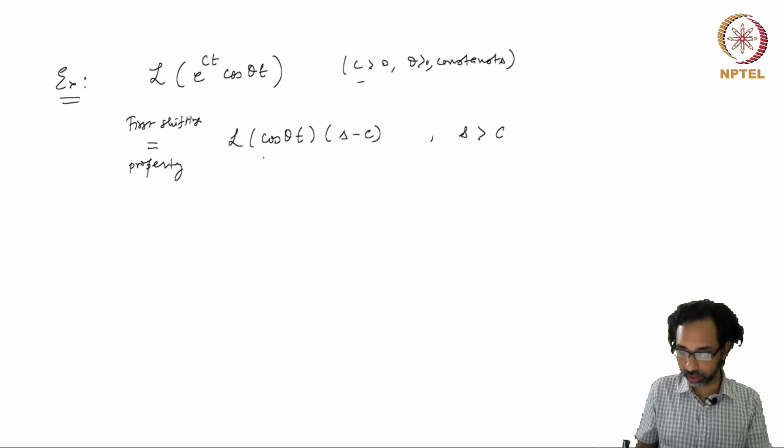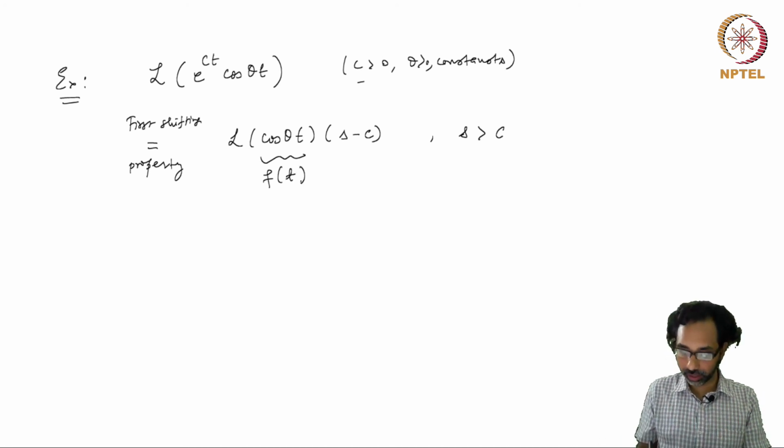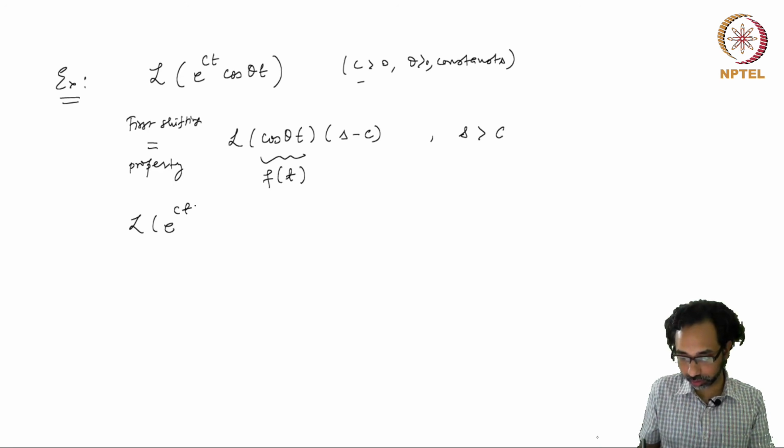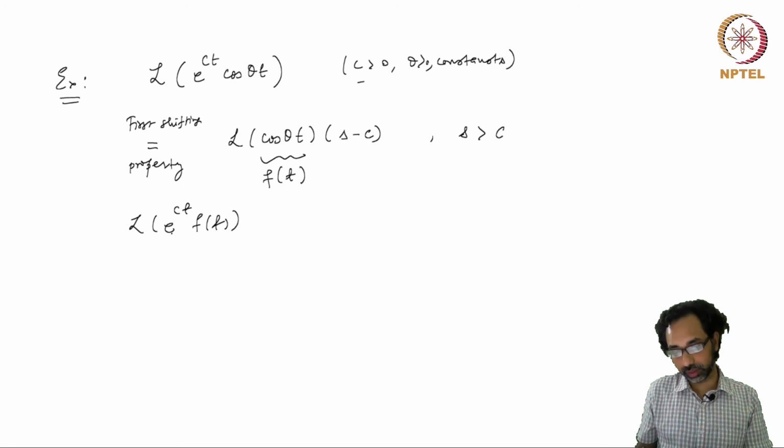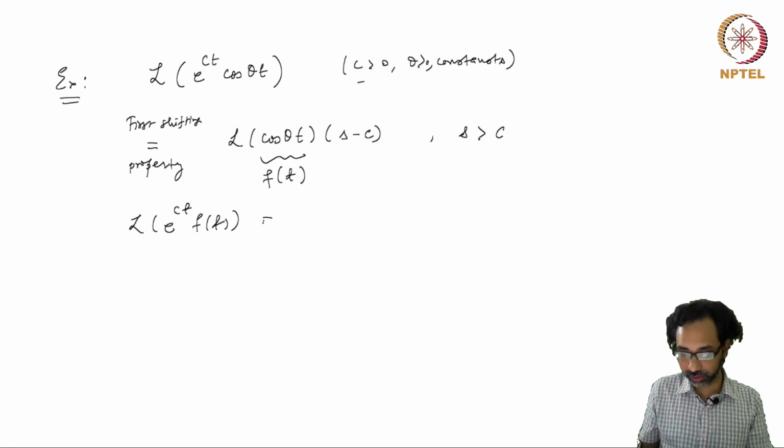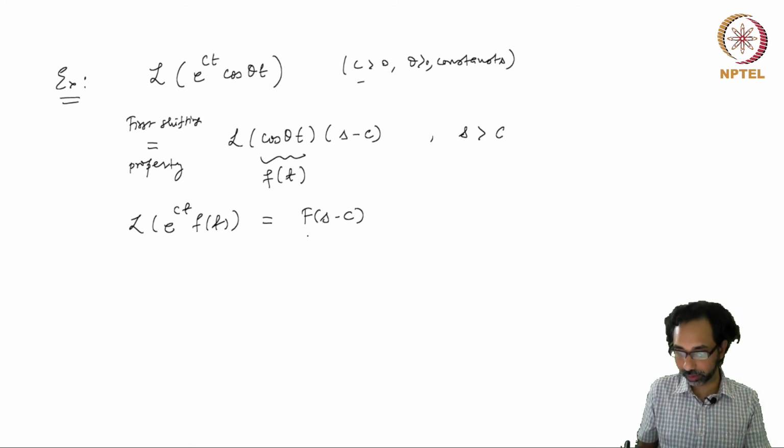So note that here we have taken our function cos of theta t to be our f(t), and so we are trying to compute the Laplace transform of e to the ct f(t), which by the first shifting theorem is F(s minus c), where F is the Laplace transform of f(t).